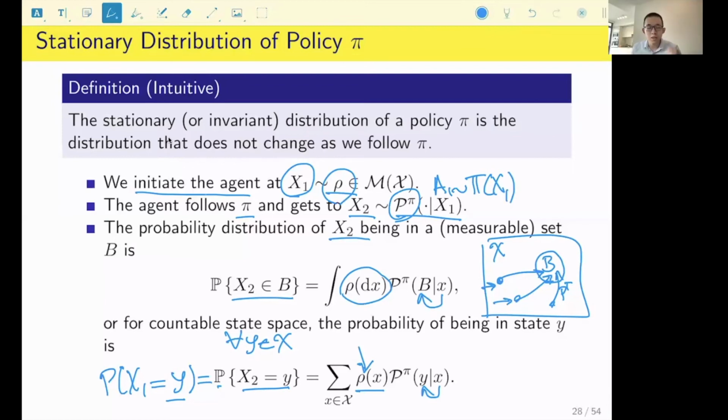So basically, it includes the marginalization of the action. Okay, yeah, I see. Yes, the policy pi is inside it. But here it is about the dynamics of the Markov chain that is induced by following policy pi. So this is not the distribution of pi or actions, this is the distribution of states by following pi. So dynamics should be in the picture.